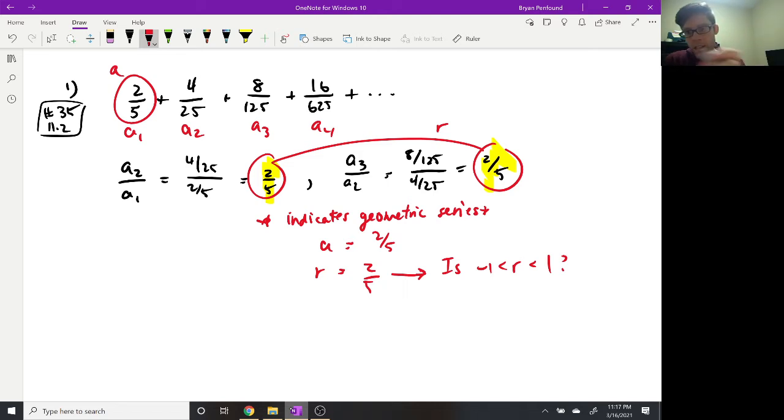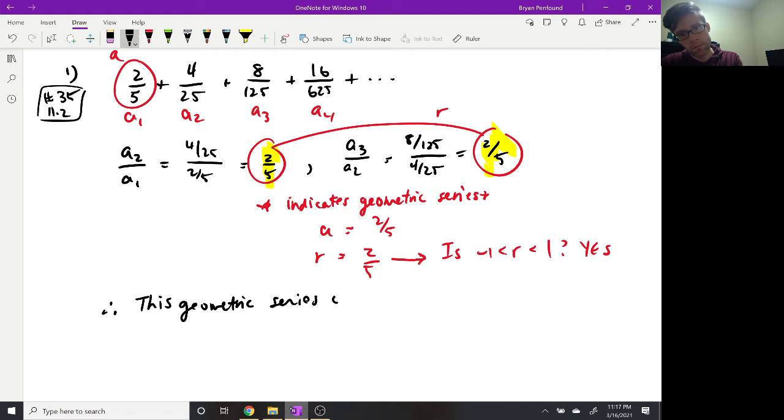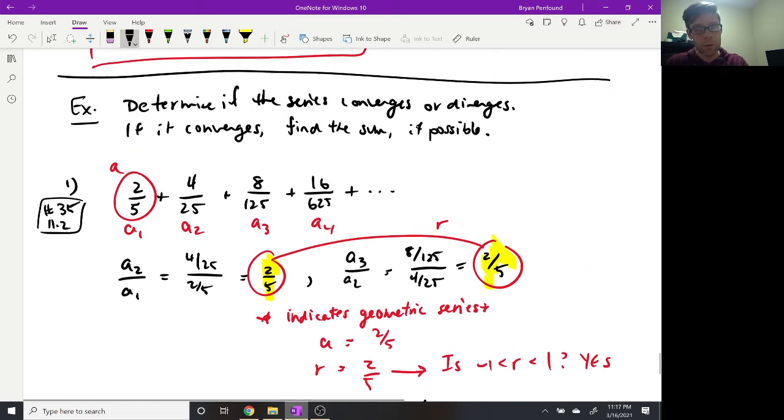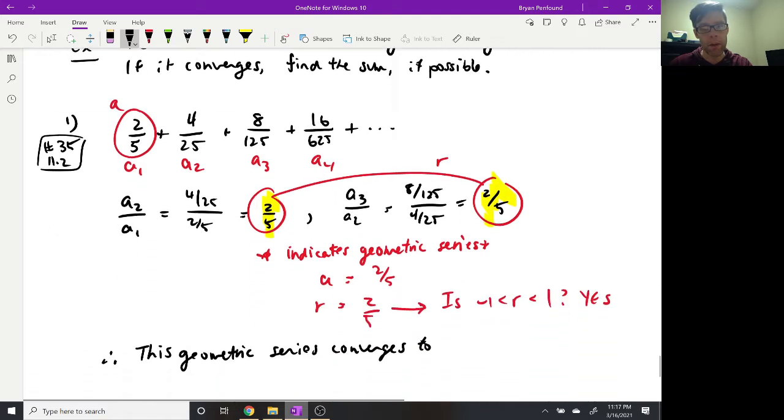Okay, so because R is in between -1 and +1, I know that this is a convergent geometric series. And in fact, we can scroll up a little bit and get our formula. This is going to converge to A divided by 1 minus R.